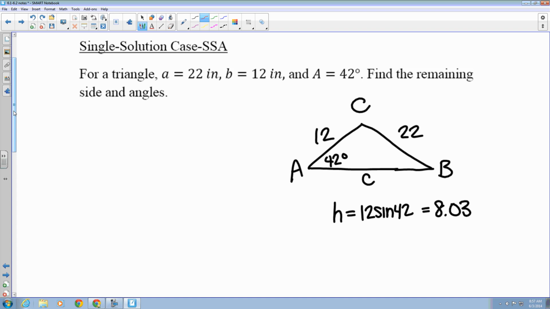Let's find angle B first. Sine of angle B over 12 equals our pair, sine of 42 over 22.